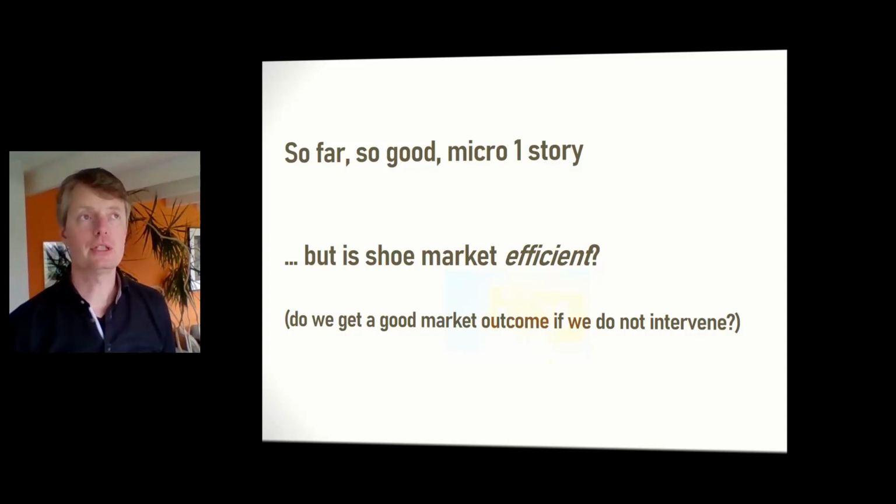But the question that we now raise in microeconomics 2 is, okay, but is this outcome also efficient? Or could there be any reasons why the market may not result in efficient outcomes, and any reasons to intervene in this market?